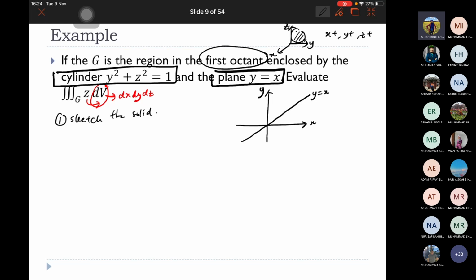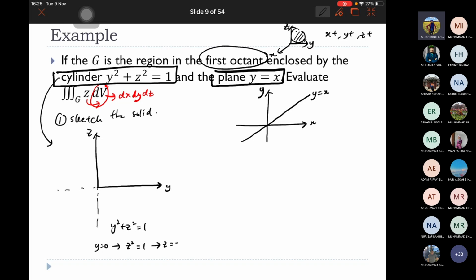Then ada silinder Y squared plus Z squared sama dengan 1. So yang ini adalah kalau dekat paksi Y dan juga paksi Z. Okay. So kita nak tengok dekat paksi Y dan juga paksi Z awak akan ada satu bentuk silinder. So dekat sini Y squared tambah Z squared sama dengan 1. So bila Y sama dengan 0, Z kuasa 2 sama dengan 1.